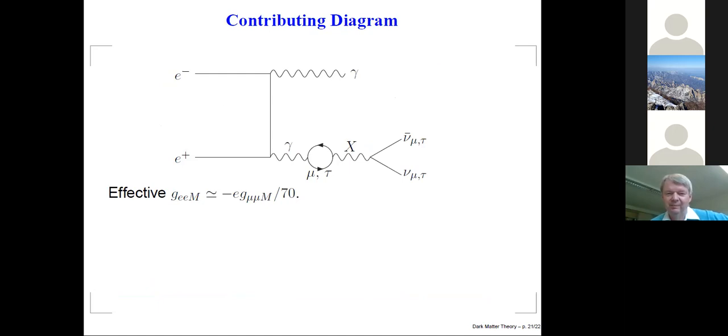Is there any kinematic feature that can distinguish this particular signal from any other mundane background? Like I said, in the center of mass frame, it's basically a line, because the X boson mass is much smaller than root s, and then the energy of this photon is just one half root s. I see. Okay. It's a fixed line you would look at that should stick out of your backgrounds.